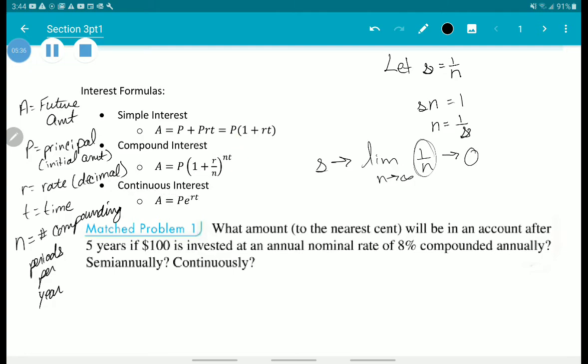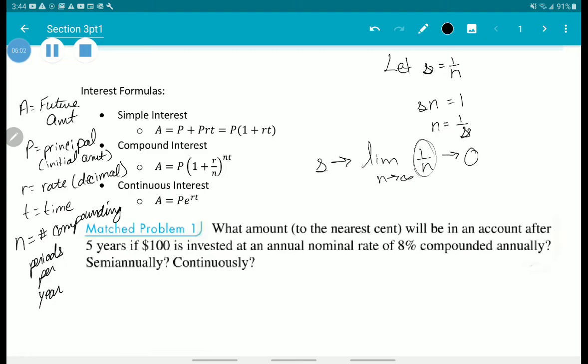If we were to take the limit as n goes to infinity of the compound interest formula, we will get the continuous interest formula. What that means is those compounding periods are getting smaller and smaller, or the number of periods is getting larger and larger, so that you're compounding closer and closer together. What's happening is this ends up approaching e.